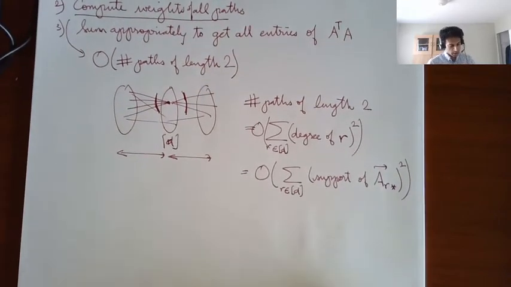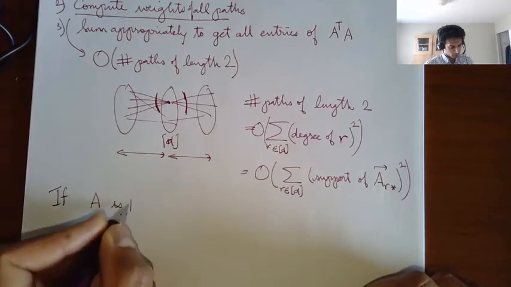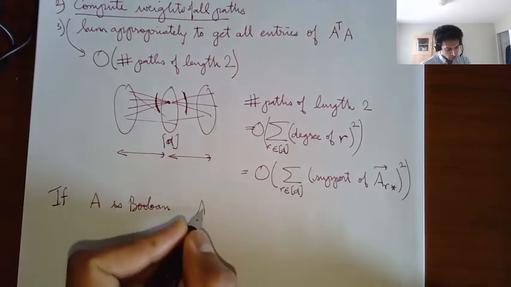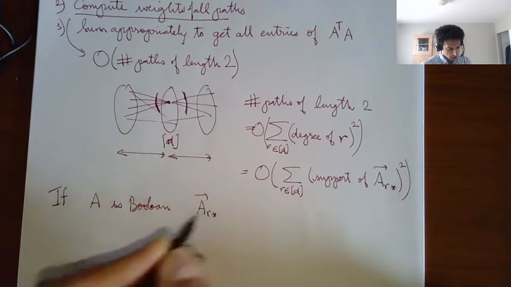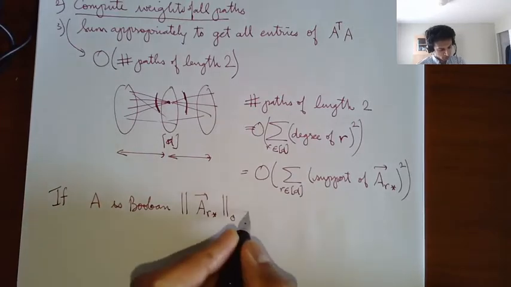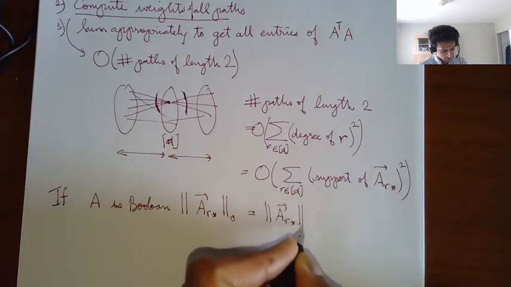And if A is Boolean, which is the first application we talked about, then for AR star, the support is the same as the one norm.